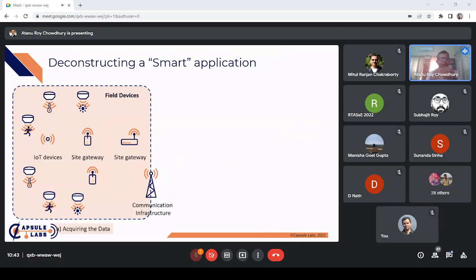The first aspect, of course, is acquiring the data. Devices, right? You have devices out in the field. For example, in a smart home application, you could have an internet connected light.